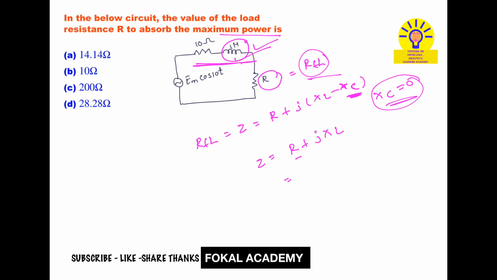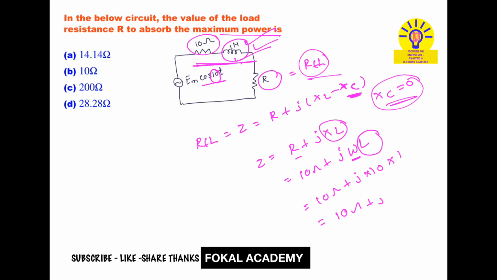Now R is given as 10 ohms plus j into XL. XL means omega L. That is equal to 10 ohms plus j into, the omega we get from cos of omega t, so omega is equal to 10. The inductor value is given as 1 Henry, so into 1, that's equal to 10 ohm plus j into 10. The magnitude of this is nothing but the Thevenin's resistance.